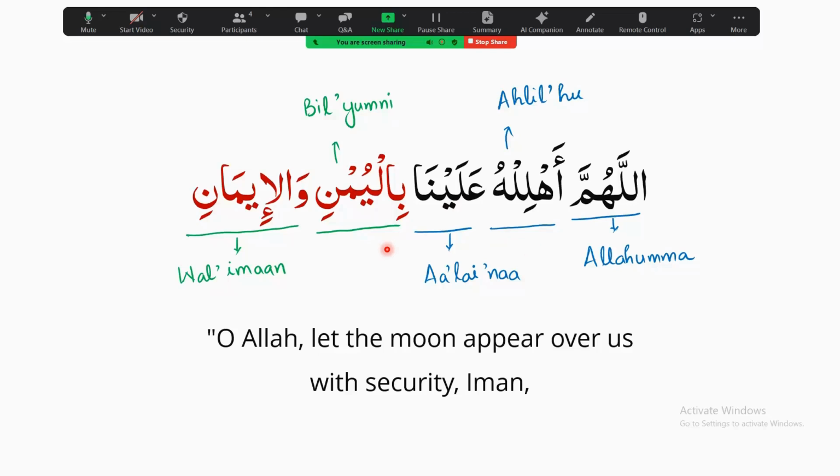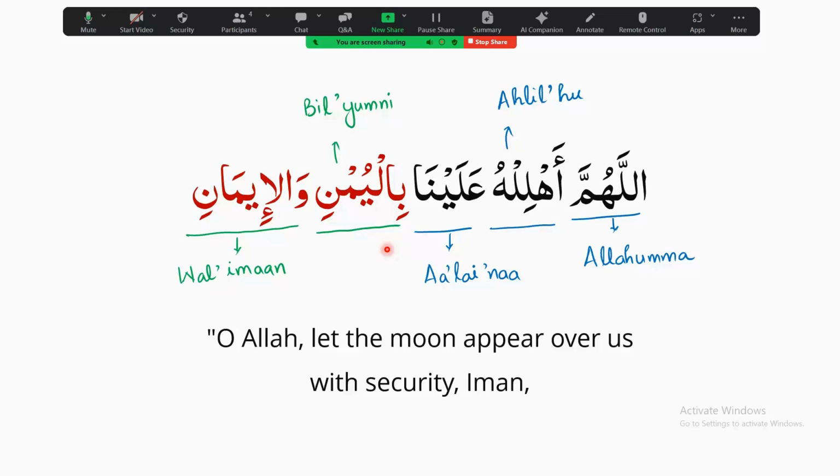Allahumma ahlilhu alayna bil yumni wal iman. Let's say this one more time. Allahumma ahlilhu alayna bil yumni wal iman. O Allah, let the moon appear over us with security, Iman.